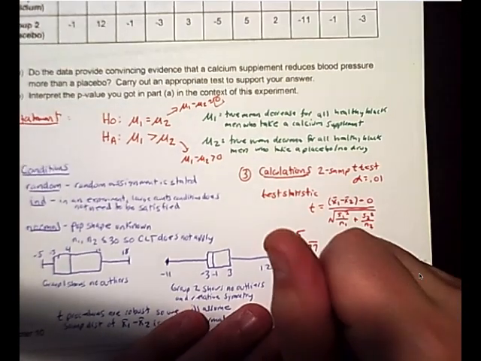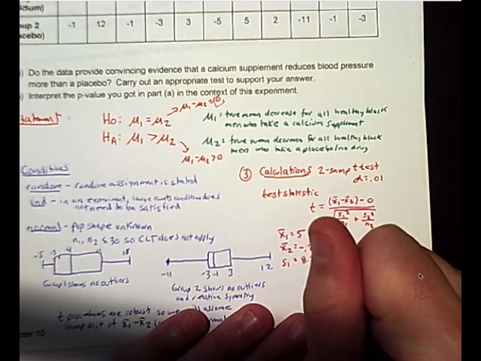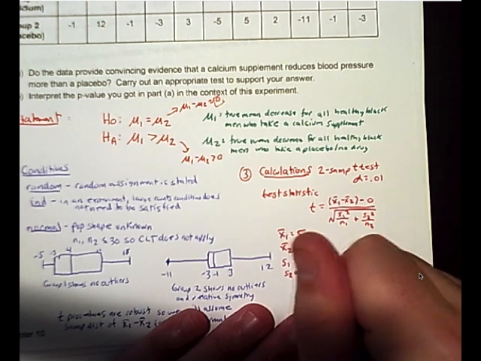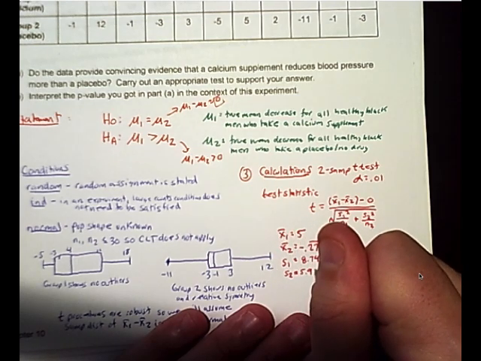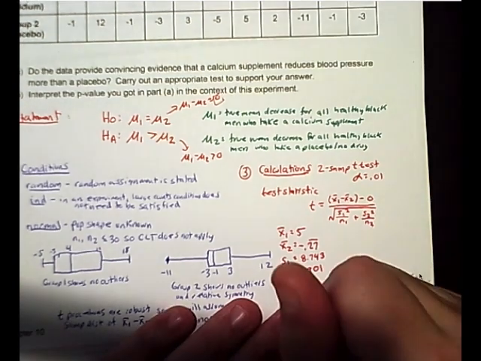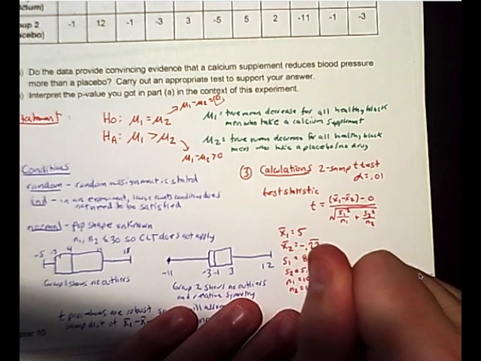All right, S1 is 8.743. S2 is 5.901 if I round. N1 is 10. N2 is 11.